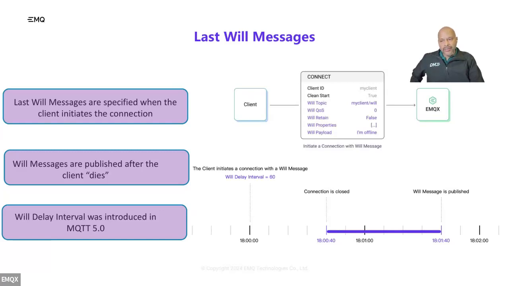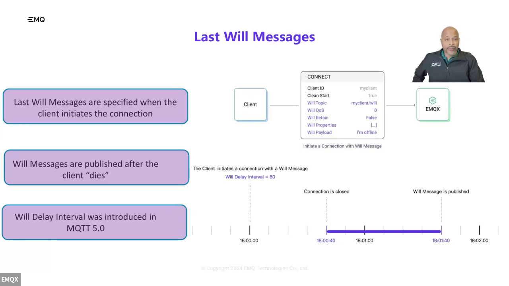So the last concept I want to cover here before we do a recap is last will messages. Because this becomes an important detail in MQTT communication in tracking to make sure that a session exists or that the client is online.